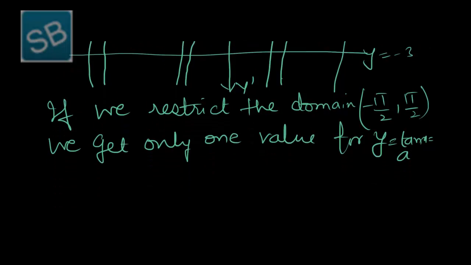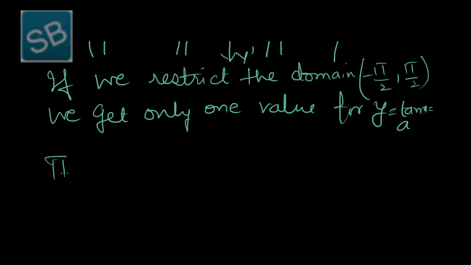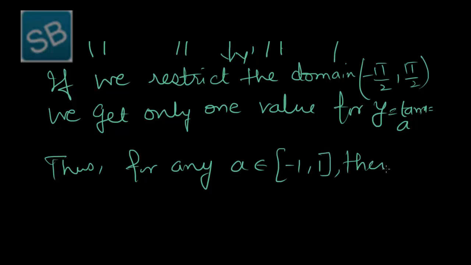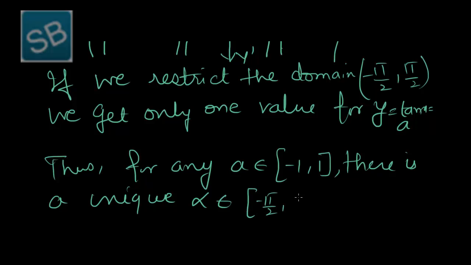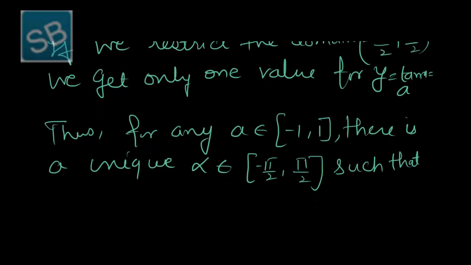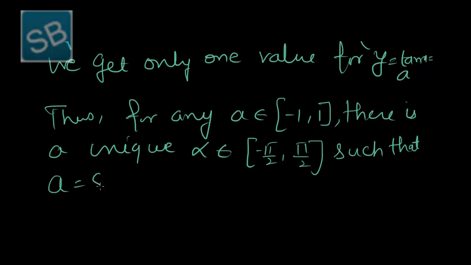Thus, for any A belongs to minus 1 to 1, there is a unique alpha belongs to minus pi by 2 to pi by 2 such that A is equal to sine alpha.